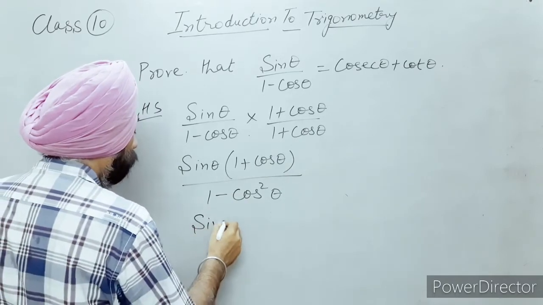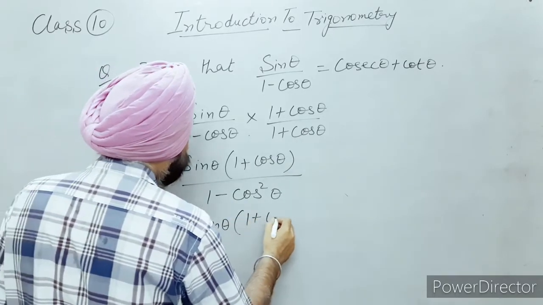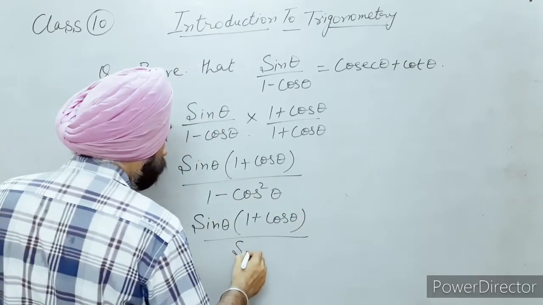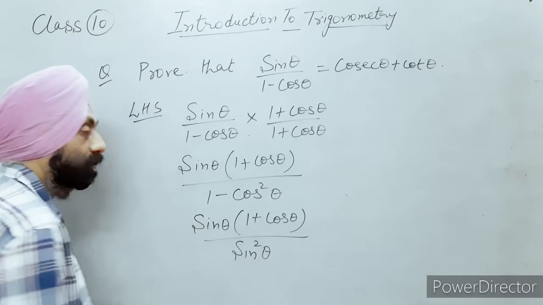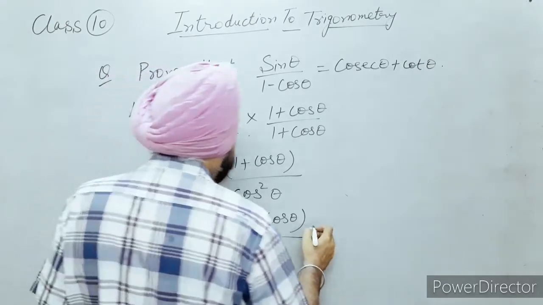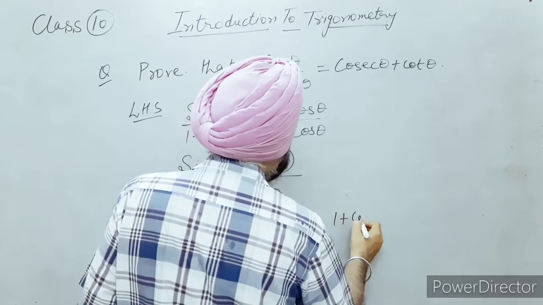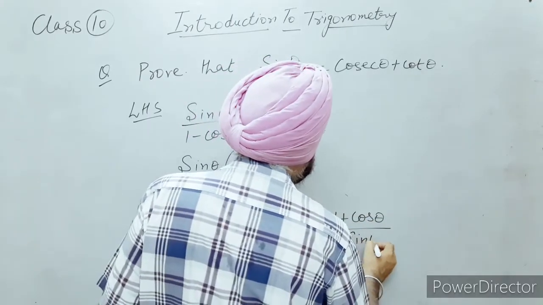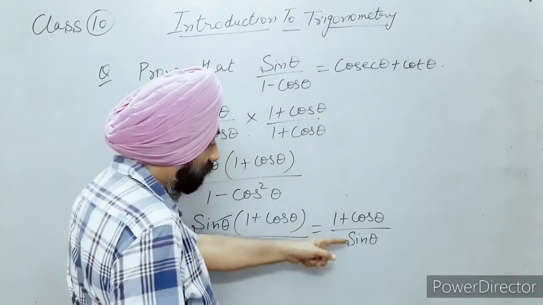Sin theta, 1 plus cos theta. 1 minus cos square theta is sin square theta. Sin theta with sin theta goes. I am left with 1 plus cos theta upon sin theta. Divide them separately.